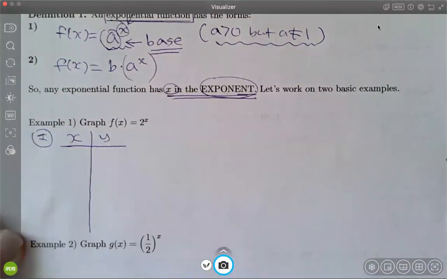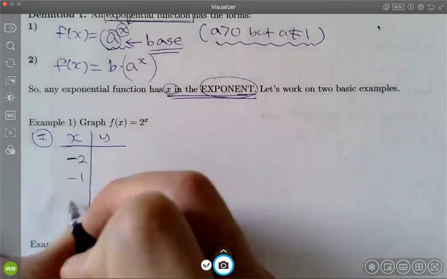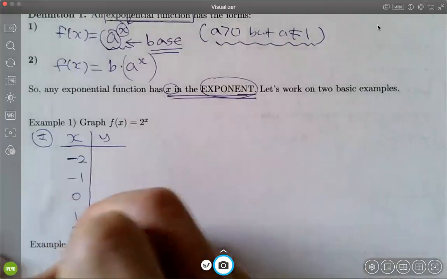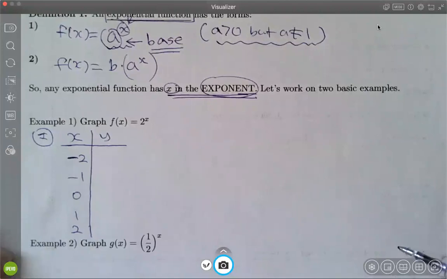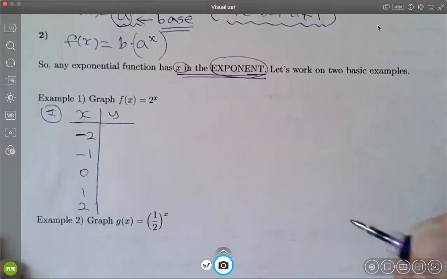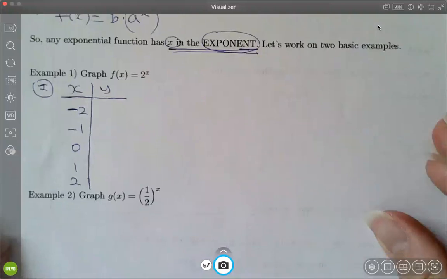Okay, and I will choose specific x values: -2, -1, 0, 1, and 2. Okay, so now here to fill in the blanks for y, we will go backwards. Okay, so start from 2.